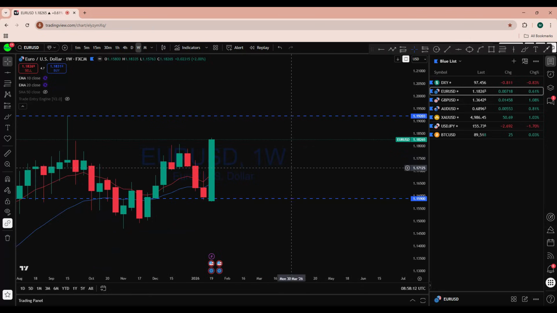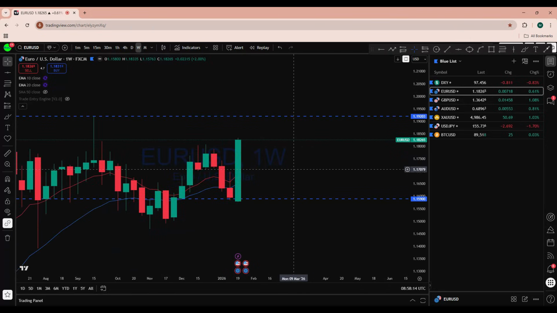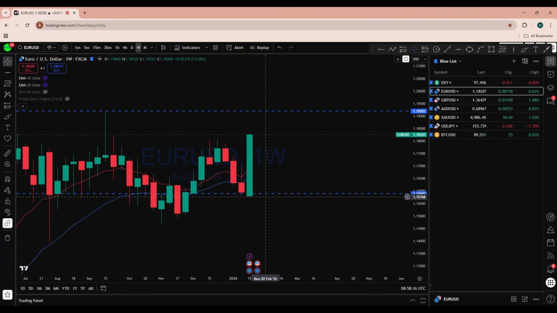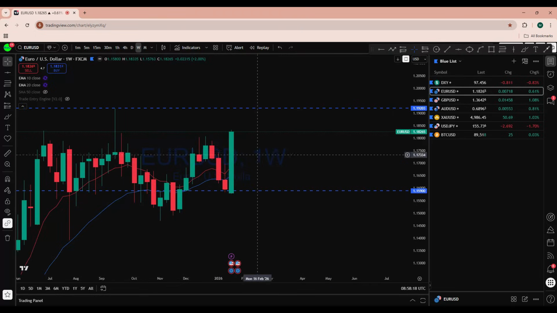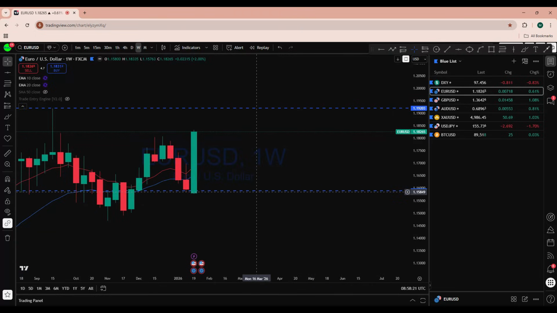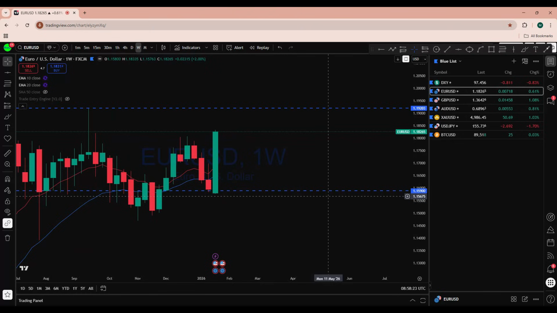So if we look at the weekly price action on EUR/USD, we can see that this is the weekly bullish engulfer, and this weekly candlestick pattern has quite a few significantly important confluences. It has crossed the 10 and 20 EMA and entirely closed back above with a full body candle close, and it's a bullish engulfer which has engulfed quite a few red candles in a row, including this narrow green candle.